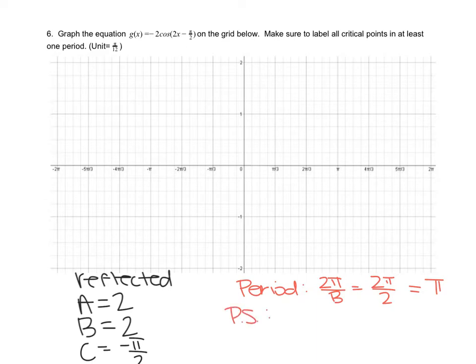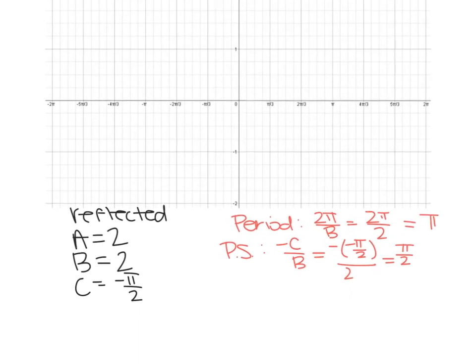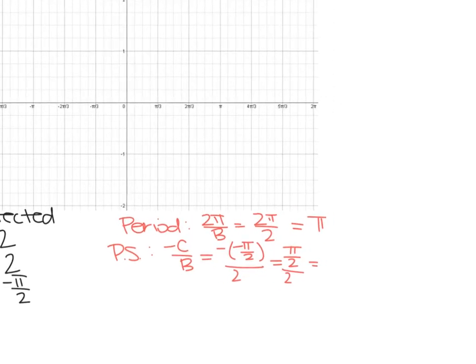Next we look at the phase shift, which is negative c over b, which becomes negative negative pi over 2 over 2, which becomes pi over 2 over 2, which we can write as pi over 2 times 1/2, which becomes pi over 4. So because our phase shift is a positive number, that tells us our graph has been moved to the right by pi over 4.